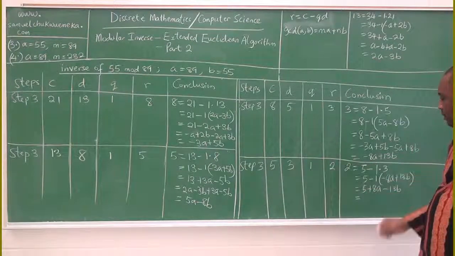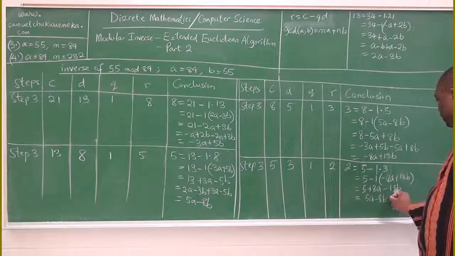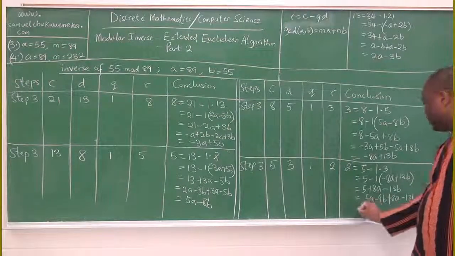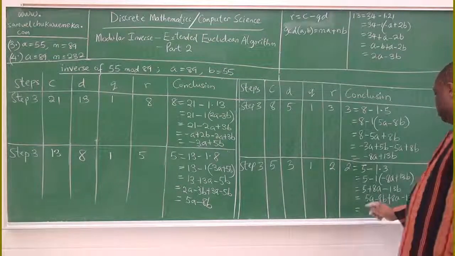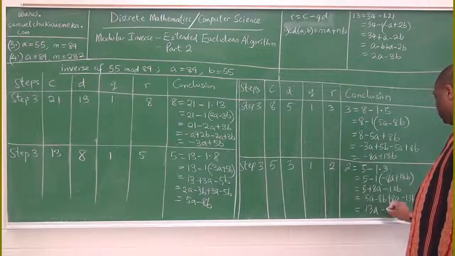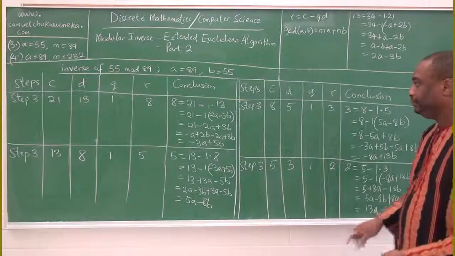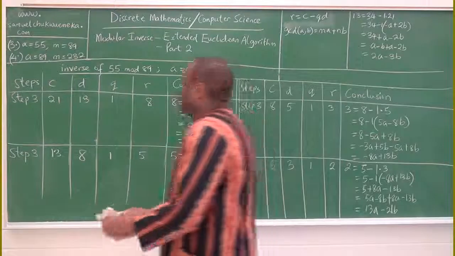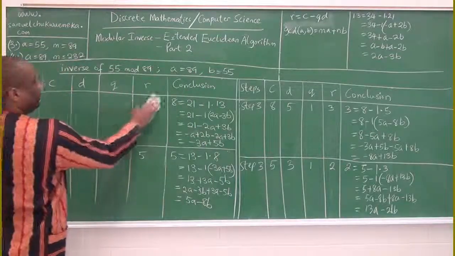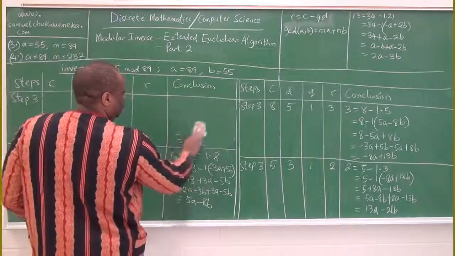Our 5 was what? 5a minus 8b plus 8a minus 13b. And that will be equal to 13a minus 21b. Okay? We are not done yet. So we come over here on step 3.